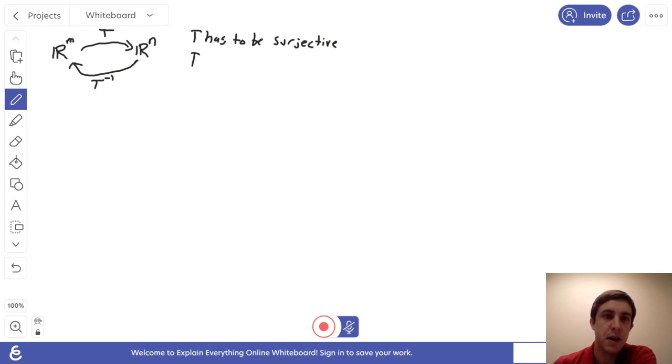What I've just said there is that T has to be injective. So if we want a matrix to be invertible, the corresponding linear transformation must be bijective.